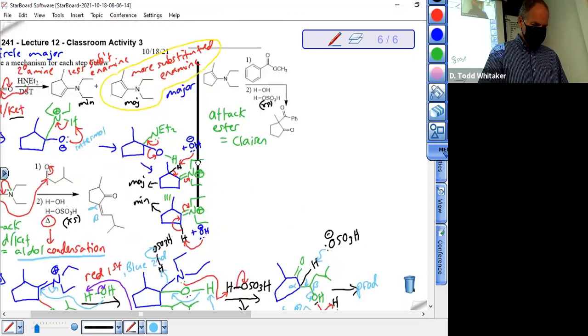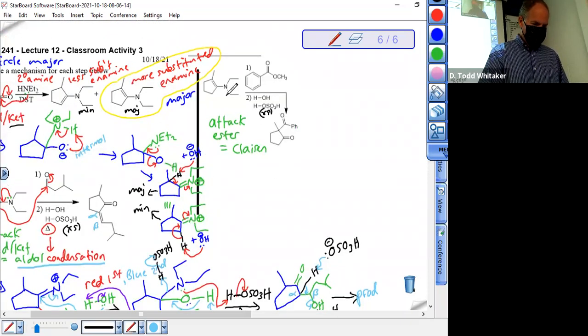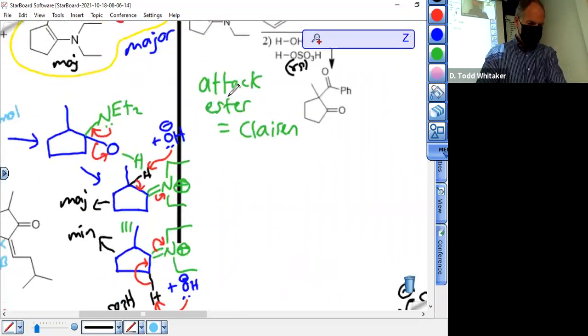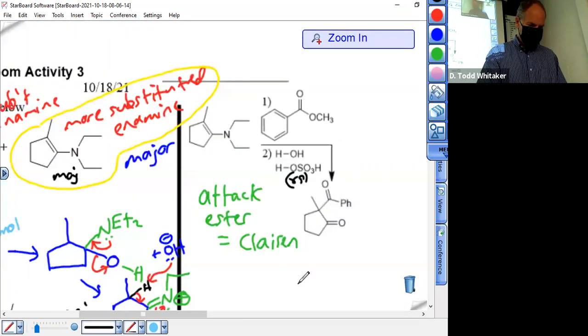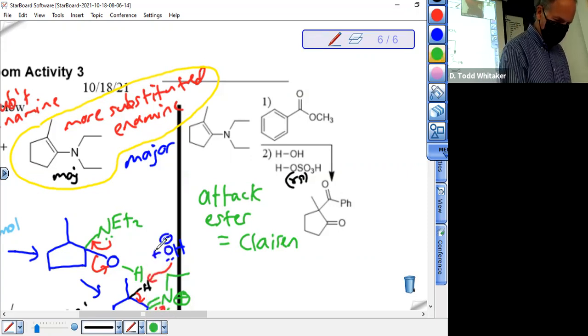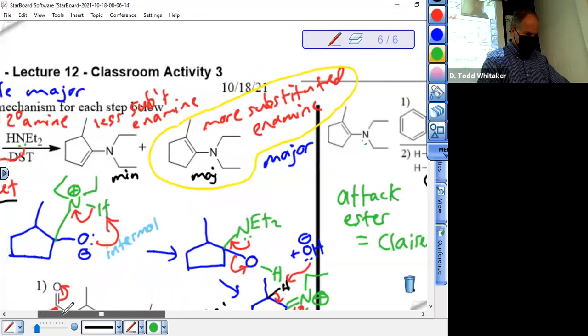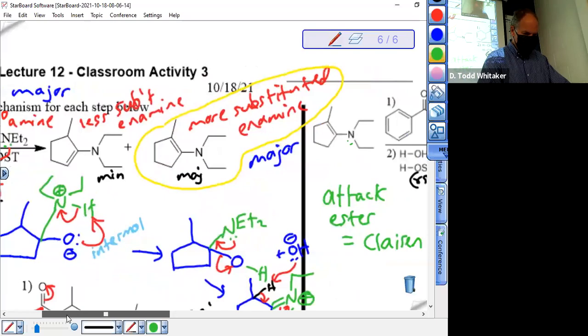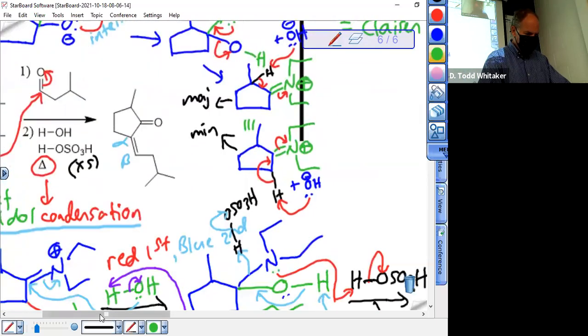Ready? There's our enamine again. It's got a lone pair. What did the lone pair do last time? Take a look. Where was it? It was down here. I know.